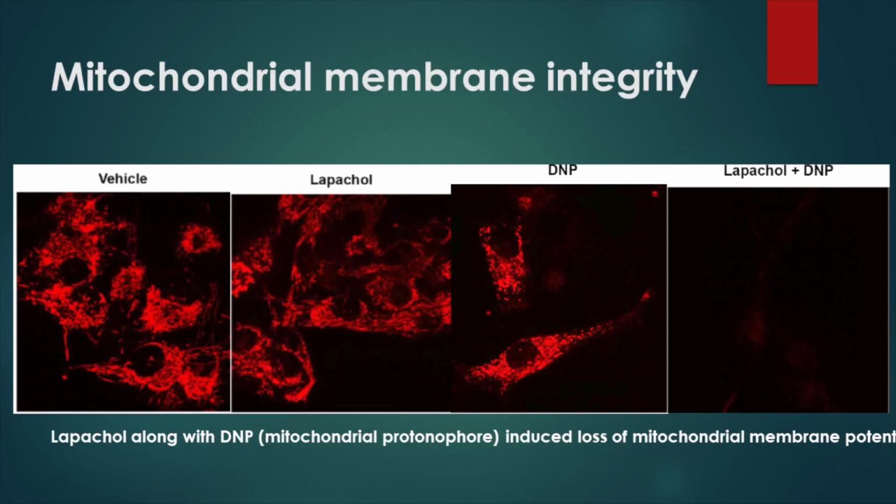Dinitrophenol is just like FCCP or CCCP that was used previously in the Seahorse assay, right? It is a protonophore, and this protonophore will disrupt the electrochemical gradient, the proton gradient that is present within the mitochondrial membrane. Once this proton gradient is broken, the cell becomes susceptible to drugs. So that is what we see when you give Lapacol along with a lower concentration of DNP: you see apoptosis or cell death. Here you can see the flow cytometric data.